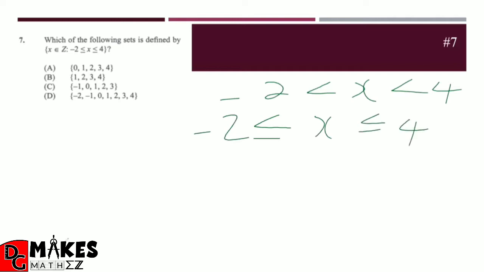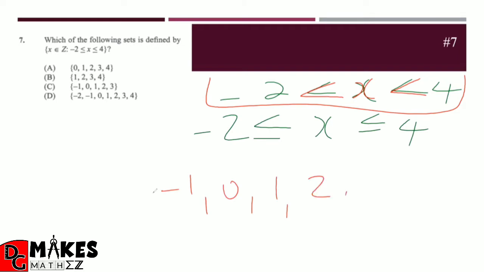So just to throw in the difference between these two notations. We have this one reading, X is a set of numbers that are less than 4, but also greater than -2. You would use your common sense, probably picture the number line in your head, and say the number is greater than -2, so that would be -1, 0, 1, 2, and 3, because the numbers are also less than 4.